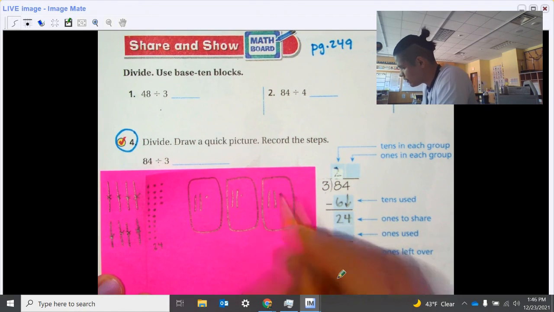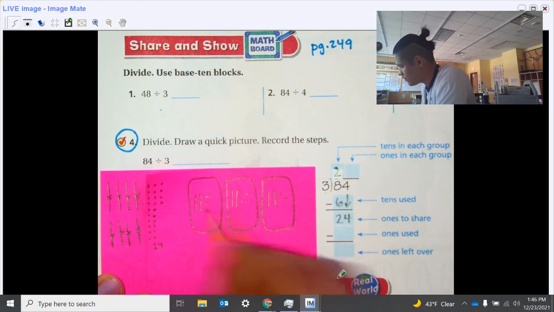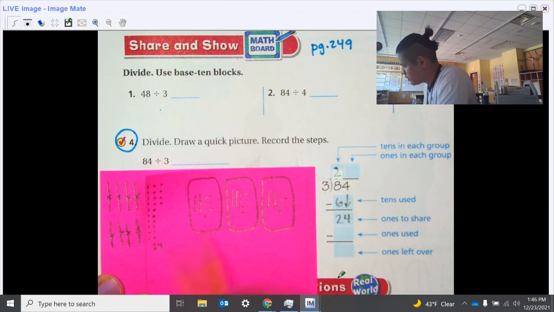2, 3, 4, 5, 6, 7, 8, 9, 10, 11, 12, 13, 14, 15, 16, 17, 18, 19, 20, 21, 22, 23, and 24. I have enough to share.